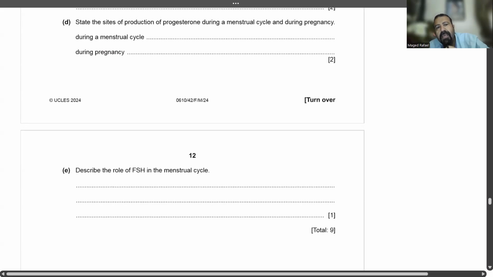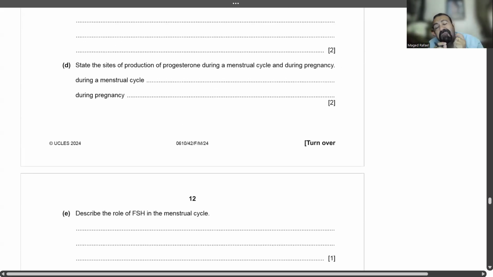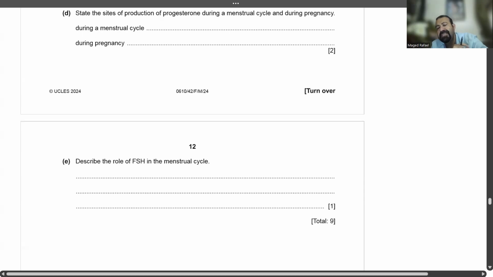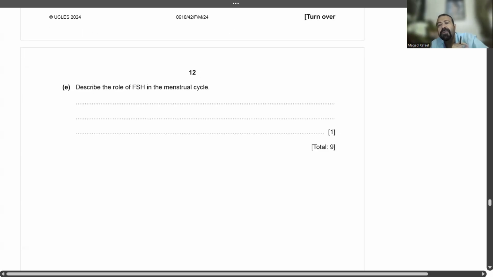By the way, if you wrote the ovary, it will not be right for the pregnancy. If you wrote the corpus luteum, it will be incorrect too. During the pregnancy, you have to show that you know the placenta secretes the progesterone.